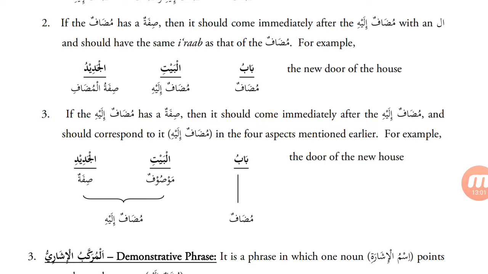Let's look at its sifa, which is coming after the mudaf ilayh, al bayt, al jadid. Al jadid is the sifa of the mudaf. It has an alif lam and it is also marfu', ending with the dhamma, al jadidu. So babul baytil jadidu, the door of the new house. Babu is mudaf, al bayt is mudaf ilayh, al jadid is the sifa of the mudaf bab.